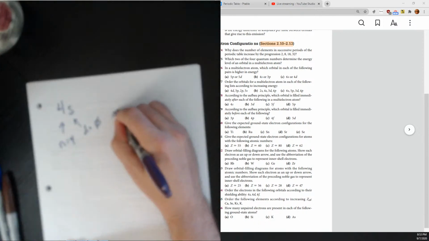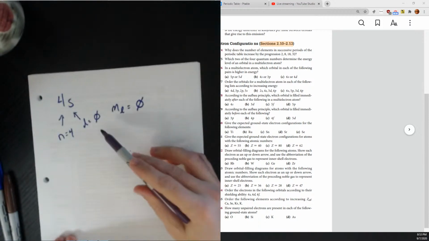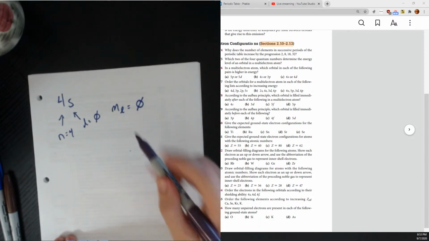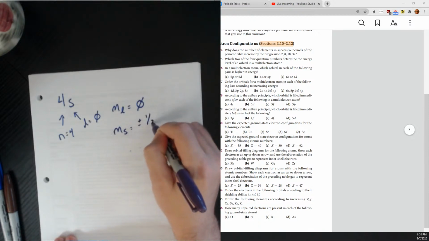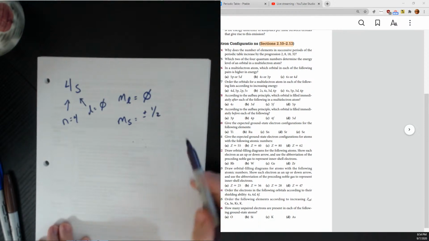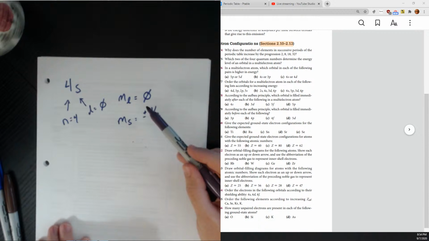All that's left is m sub L, which can, for this guy, only be equal to 0. M sub L is based on L. It goes from negative L to positive L. So it can only be 0. And then m sub S is, of course, plus or minus 1/2. So 4s can only hold 2 electrons because there's only the one orbital in the 4s subshell, and that one orbital can only hold 2 electrons, one spin up, one spin down.